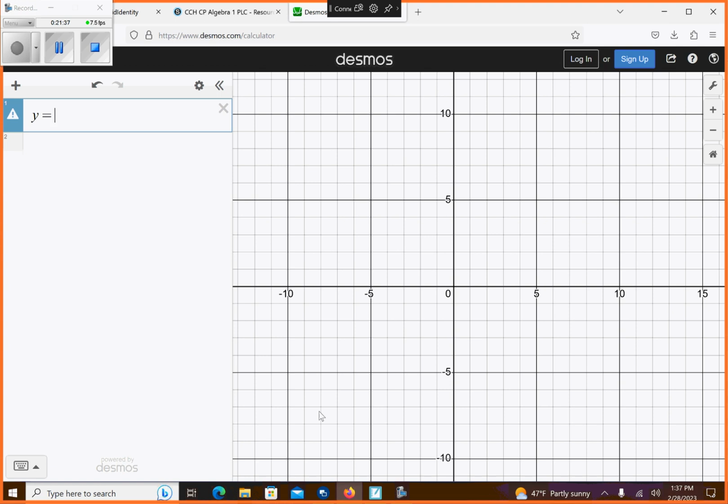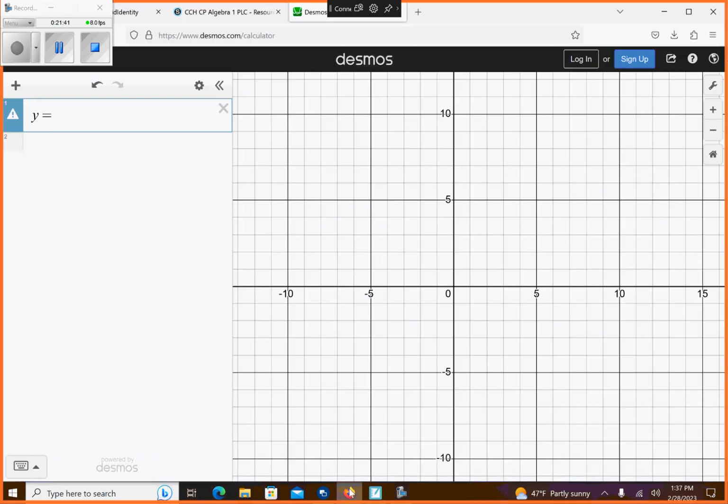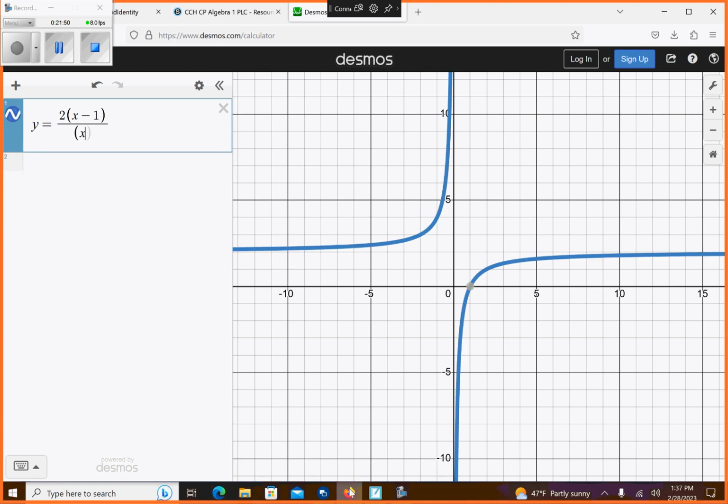Y equals 2 and then x minus 1 over x plus 1.